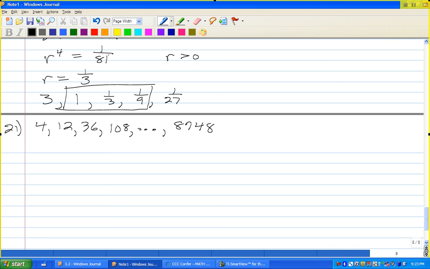Okay, so let's try to figure this out. So I know that a sub n is equal to a sub 1 r to the n minus 1. And so the last term, we'll call that the nth term, is 8748. The first term is 4. The common ratio, well, we keep multiplying by 3.